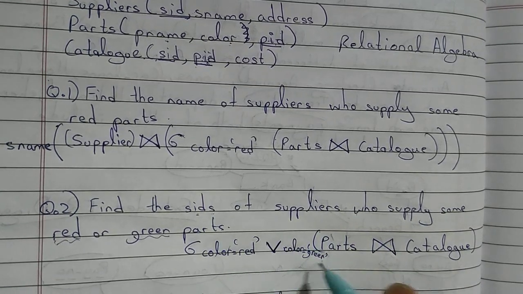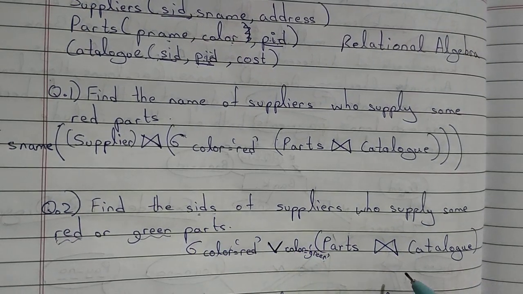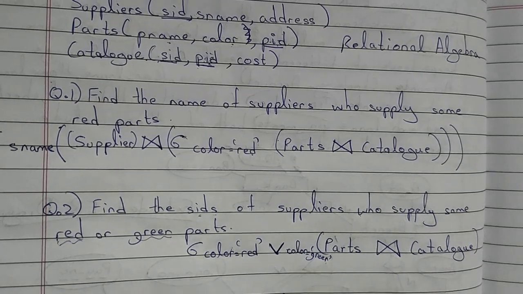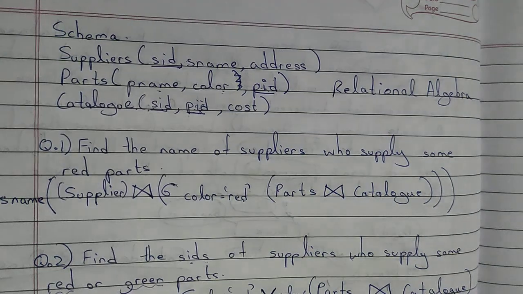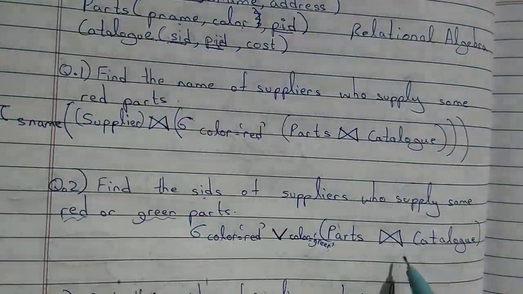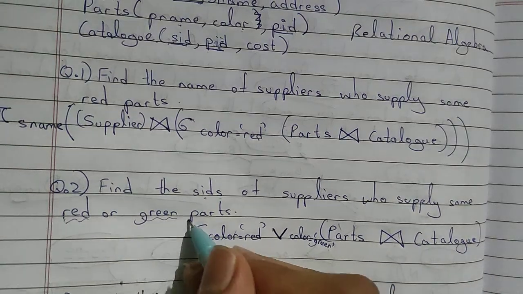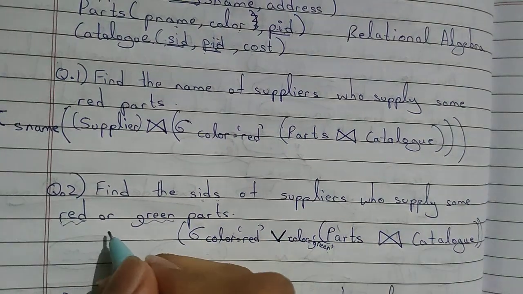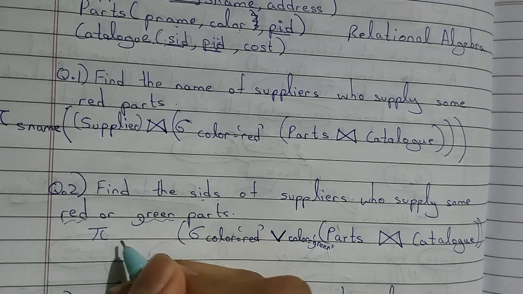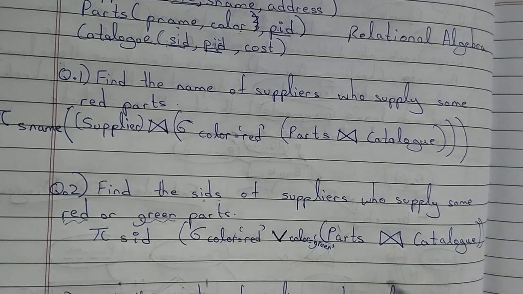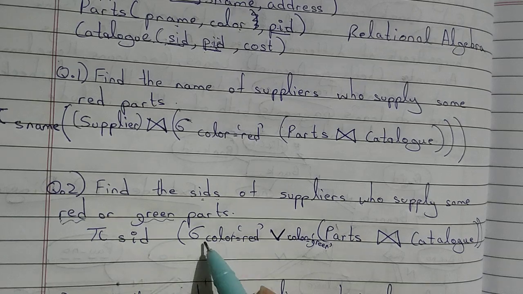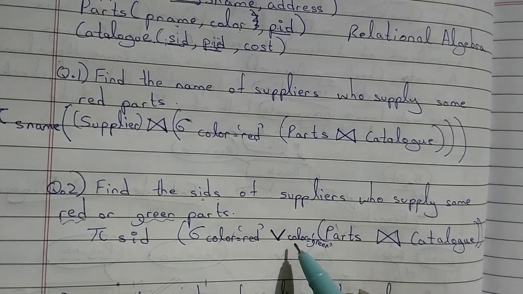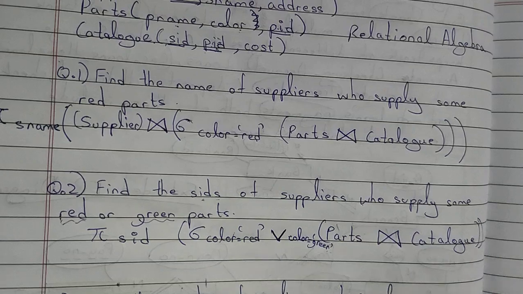So if you have red parts or green parts, we need to select it from here. So this will do that. And now we need the SID. In this case, we already have the SID from catalog because these two are combined together. So we can just directly use our projection operator to get the SID. This will give us the SID of all those suppliers who supply either red or green parts.